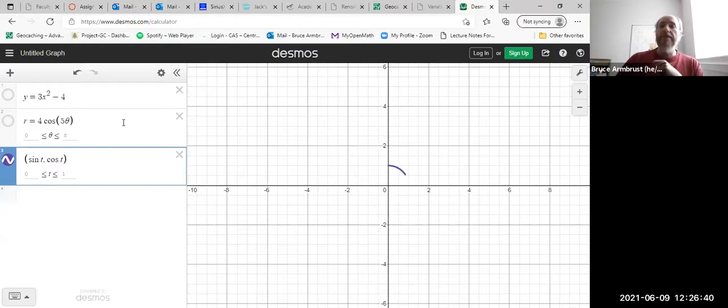Now, if you look at this graph, it doesn't look much like a circle. It's actually only part of the circle, because you'll notice that down here, it has some values for t. This is only graphing from t equals 0 to t equals 1. And so by the time we get to t equals 1, we've only gone this far on the circle. If I extend this, let me change that to a 2.